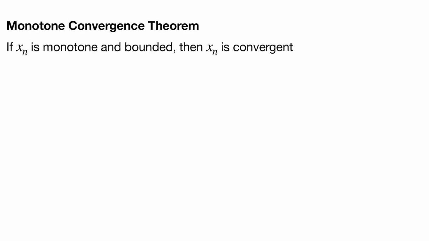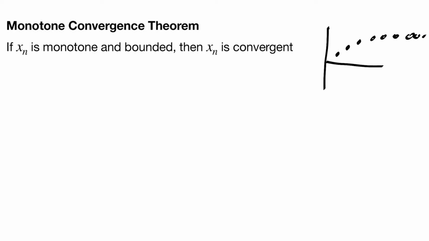Well, the way we go about proving it is by taking the set of all these sequence points and then looking at the sup of that set, and that's the value it converges to. So let me just draw my picture over here, and we've got our sequence that comes upwards, and it is bounded somehow.